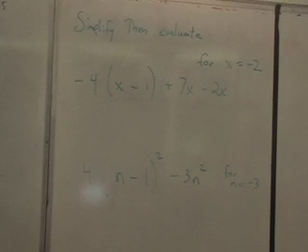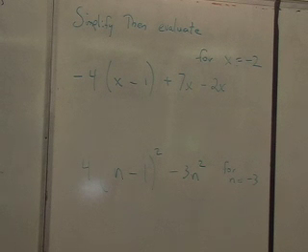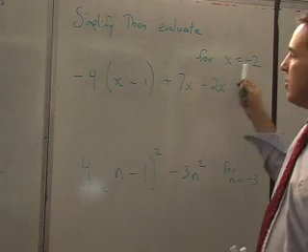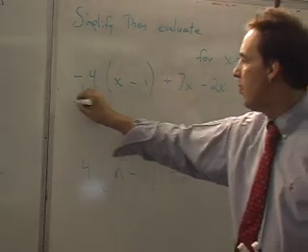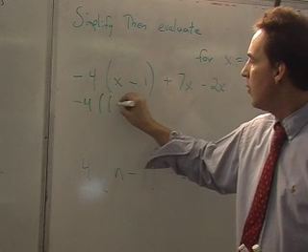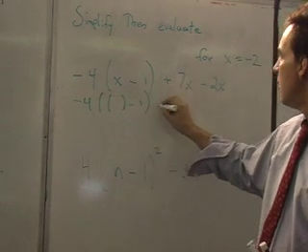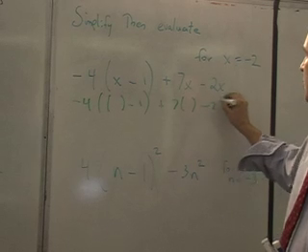And the first question is negative 4 times x minus 1 plus 7x minus 2x. And when we evaluate, we're going to put negative 2 in. What we do is we put pockets together. So we've got a pocket there, plus 7 times the pocket, minus 2 times the pocket.